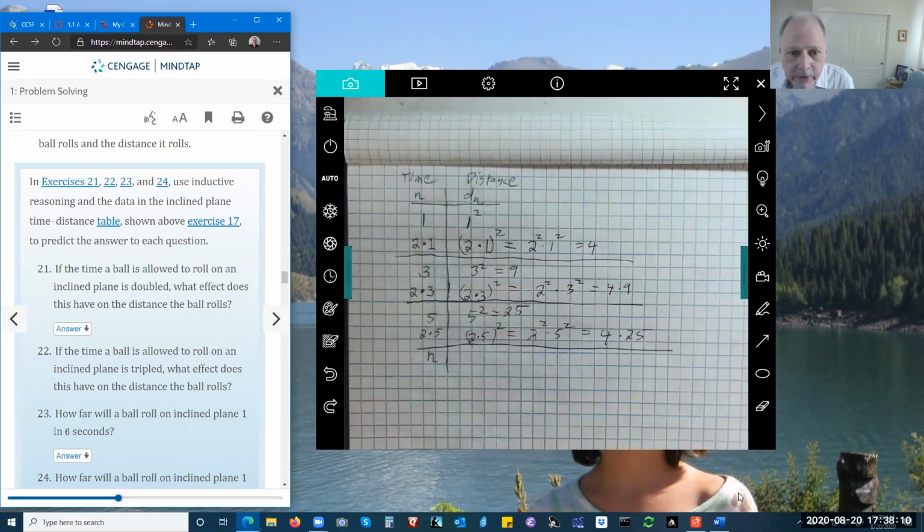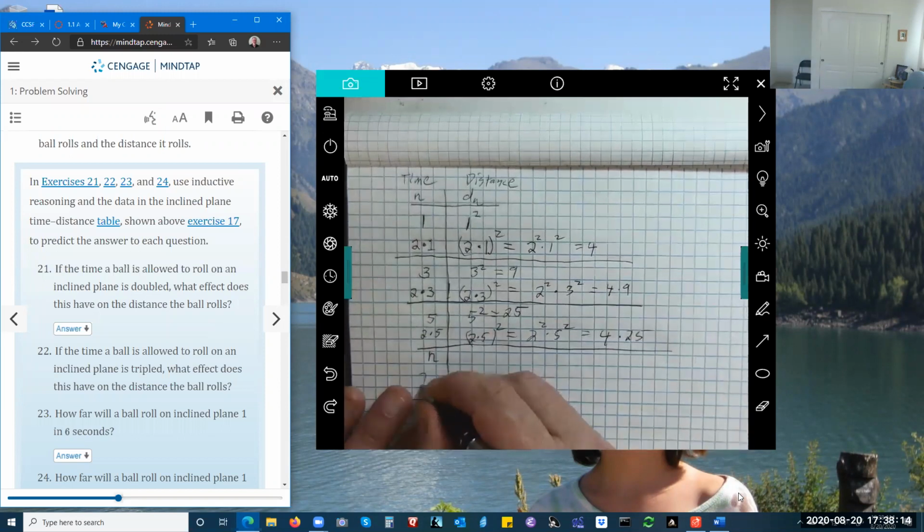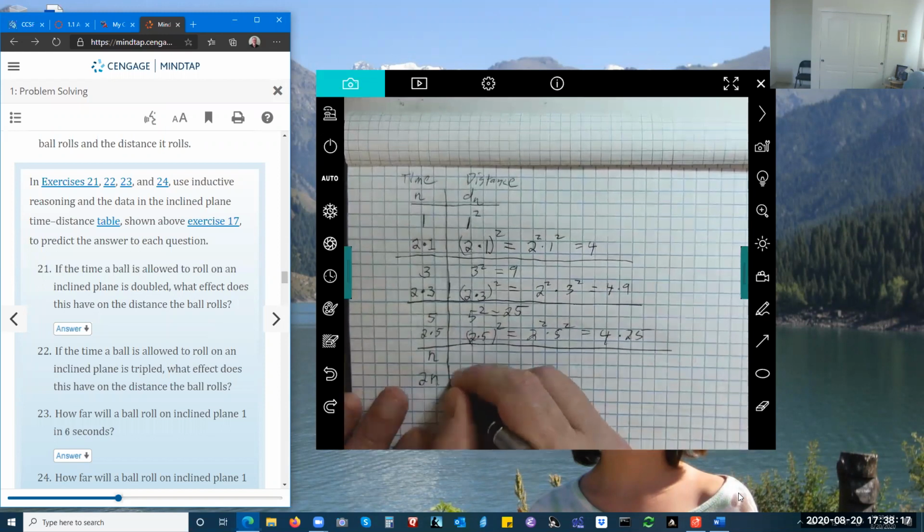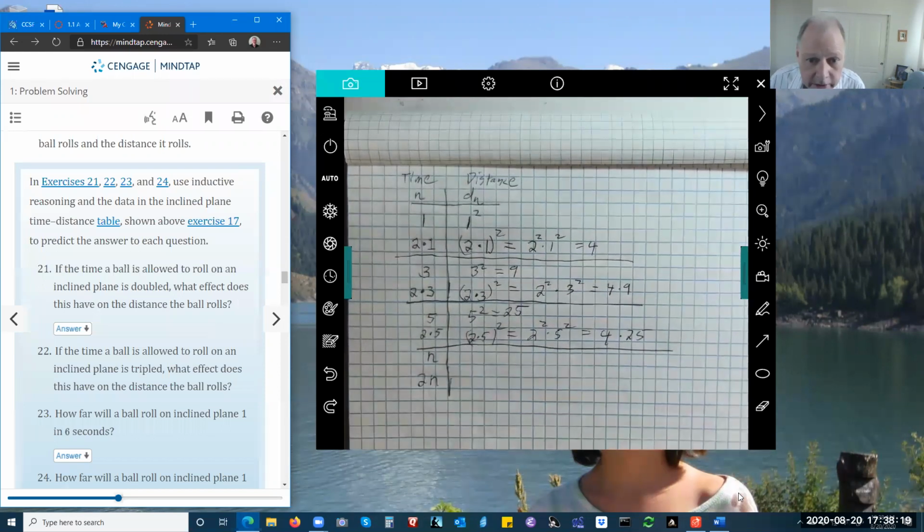Not necessarily 1 or 3 or 5, but just any old number n versus 2n, twice as much.